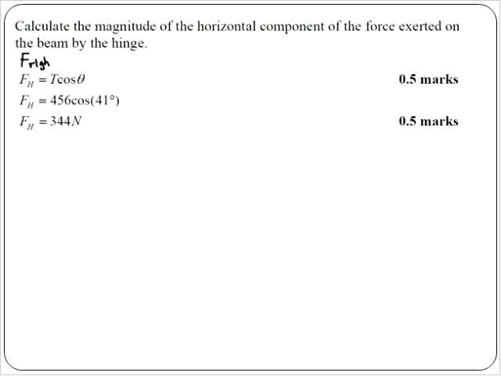Okay, forces right, which is the horizontal component of the hinge, have to equal the forces left, because the only other force was the horizontal component of our tension. So that's why we have to do it that way. So the force right was Fh, the force left was T cosine theta, or in other words, the horizontal component of our tension. And when we work that out, there's the answer that we get.